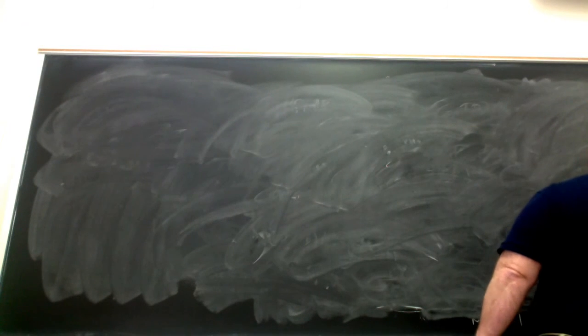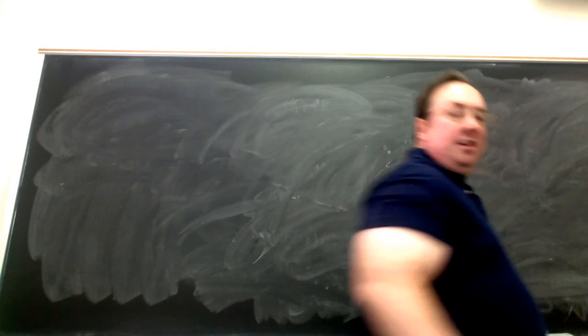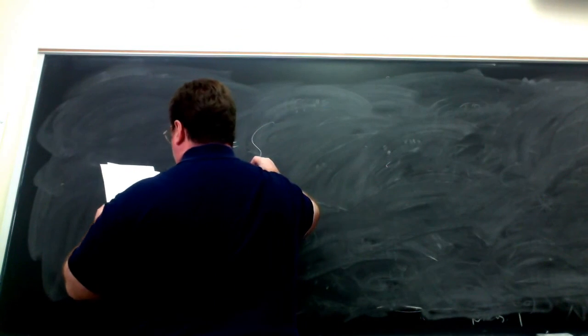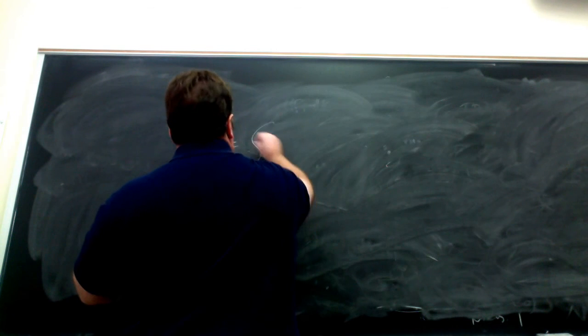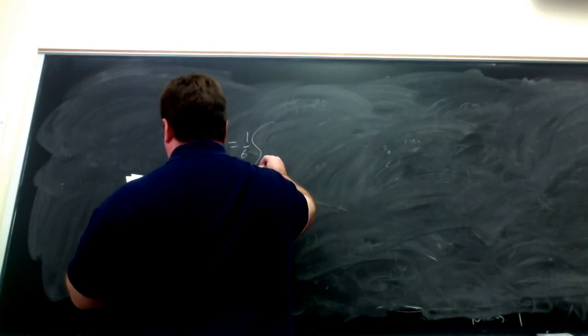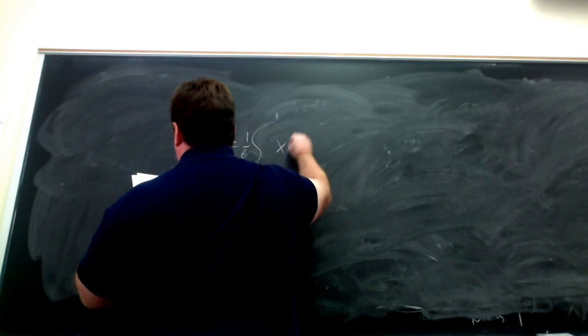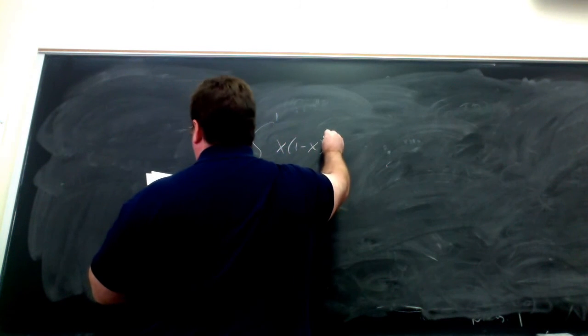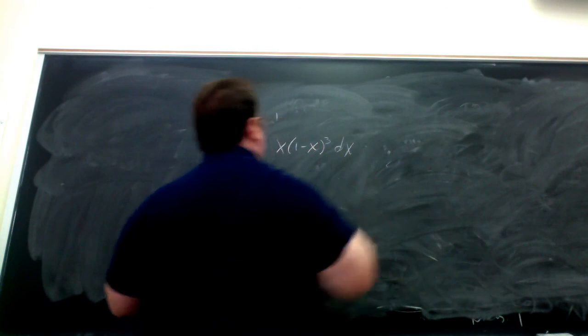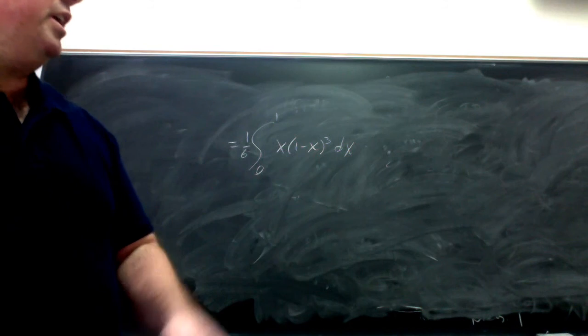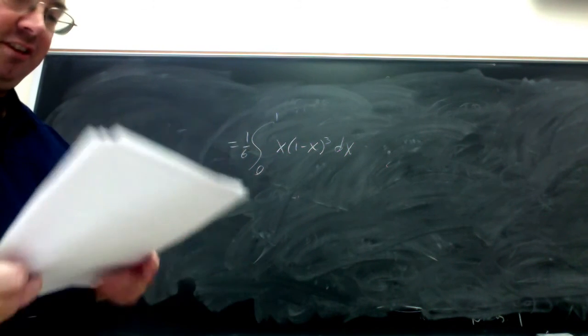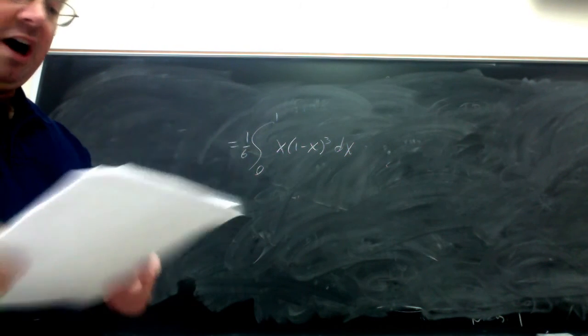Because you might think, now I plug in the limits, and now I have to multiply all that. Okay, so when you plug in the limits, you get 1/6, integral from 0 to 1, x times 1 minus x cubed dx. So plugging in the 0 and the 1 minus x for y.